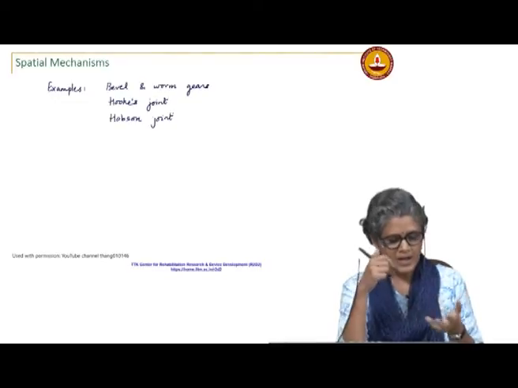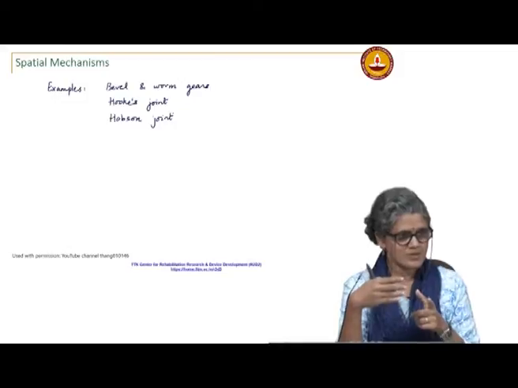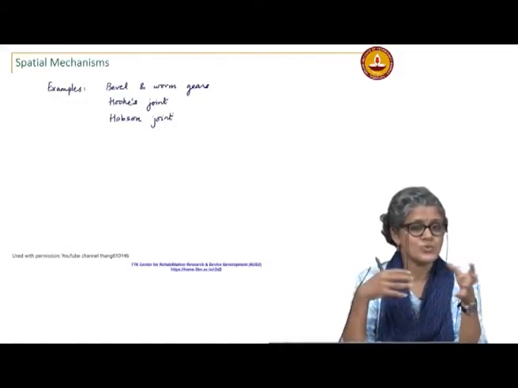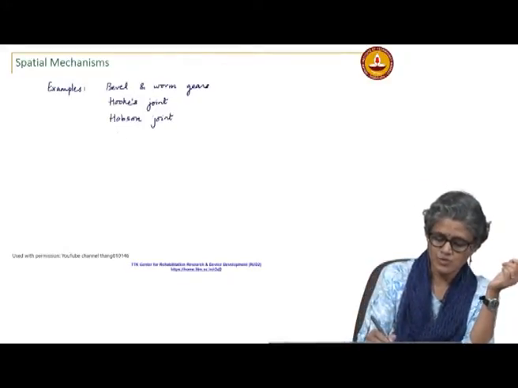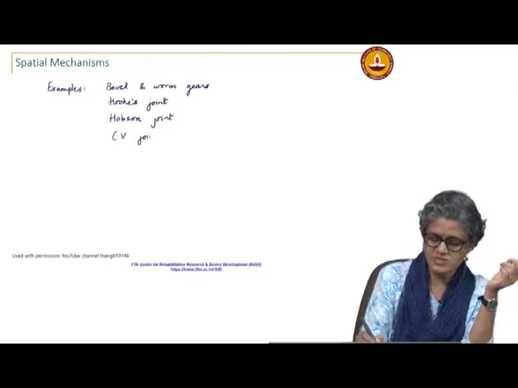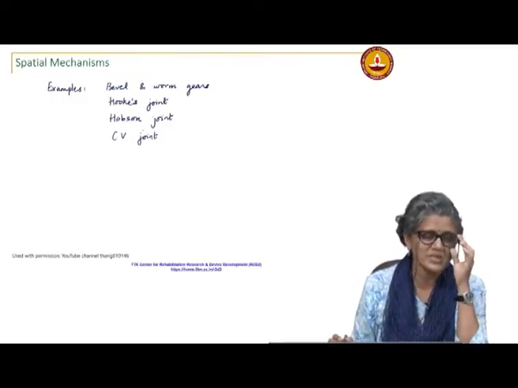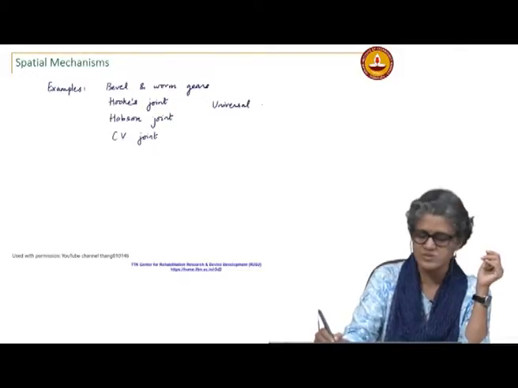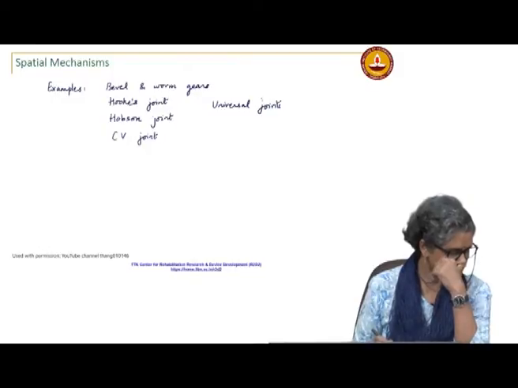Even if the shafts are expected to be somewhat aligned, you may use something like this, so that you can take care of any misalignments in the shaft. You do not want things to bind up. So, any constant velocity joint, Hooke's joint is not constant velocity, but in general we call it the universal joint, U joints. Universal joints all fall under these.